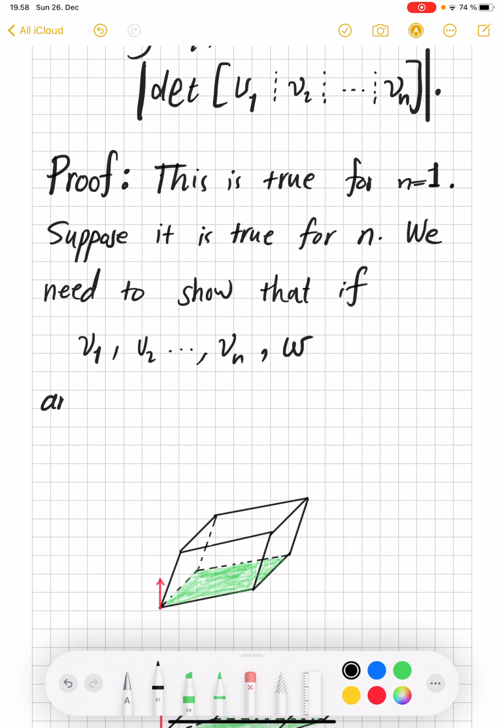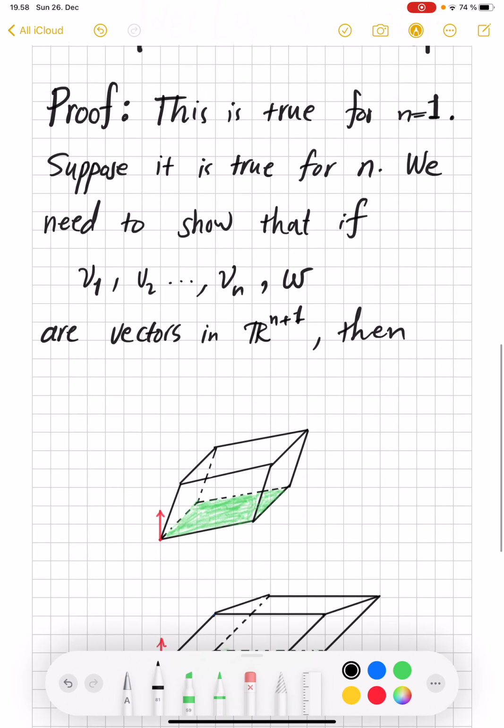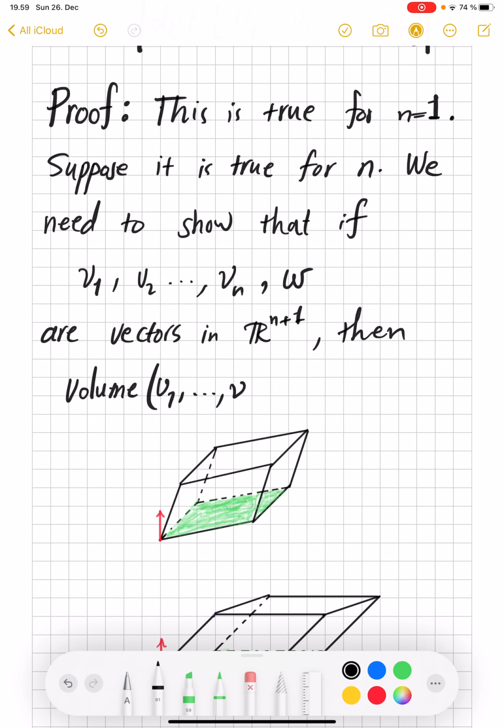If these are vectors in Rn plus 1, then again the volume of the parallelepiped determined by v1 to vn and w is the absolute value of the determinant of the vectors v1, up to vn, and then w.